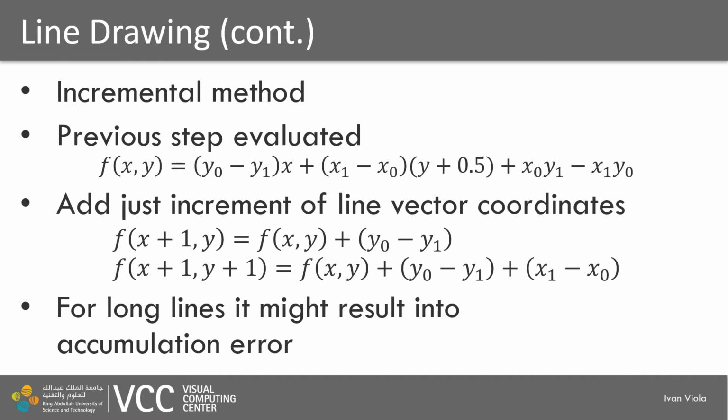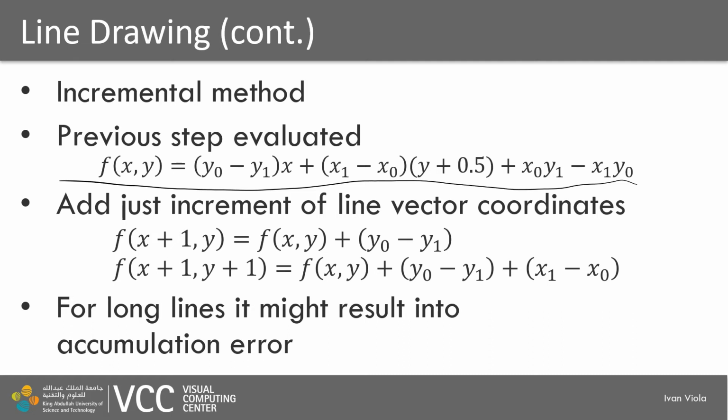This approach of rasterizing a line can also be turned into an incremental method, where not the entire functional evaluation of the line needs to be computed, but only a fraction of it. Keep in mind, again, that we have the following formulation for computing our point between one y center of the pixel and another y value of the center of the pixel.